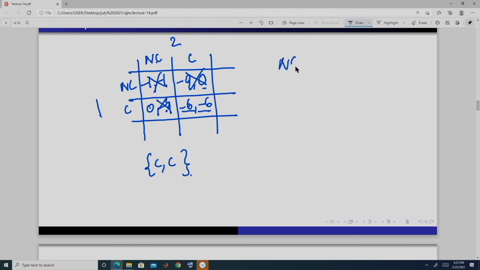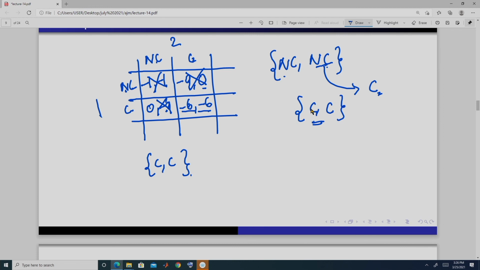If we take this outcome, when player 1 is choosing NC, player 2 has a tendency to deviate from NC, and it will deviate to C. But when player 2 is choosing C, player 1 is not going to choose this, but it is going to choose this. So we get this outcome, and this is a Nash equilibrium.